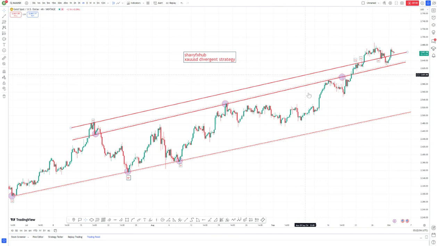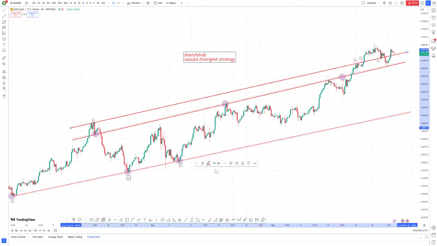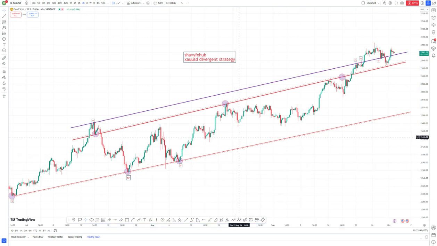So I want to represent this roof with a purple color to further differentiate and make it easy for anyone to understand where we are heading to. So this is my roof. This is a new roof.